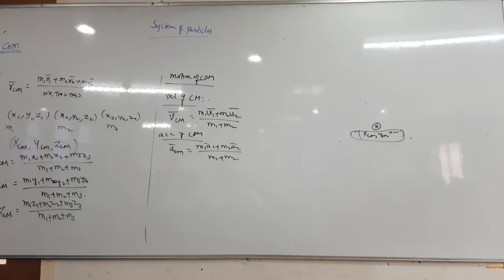Example, ring and hollow sphere or hollow cylinder. Copy everything.